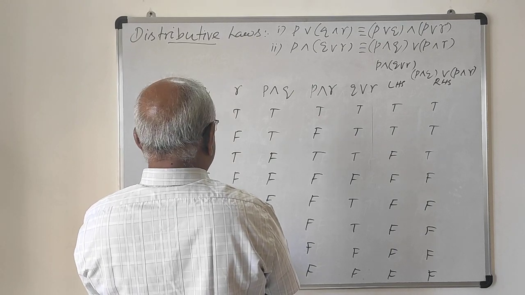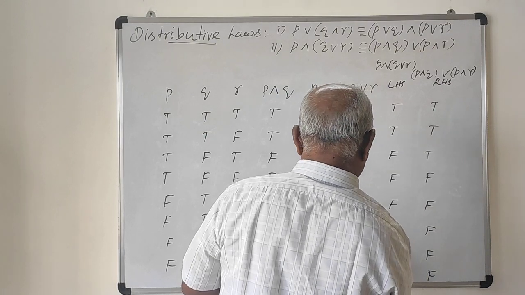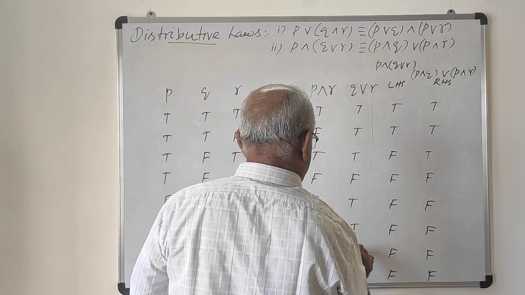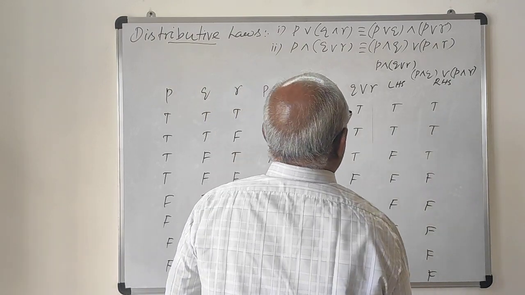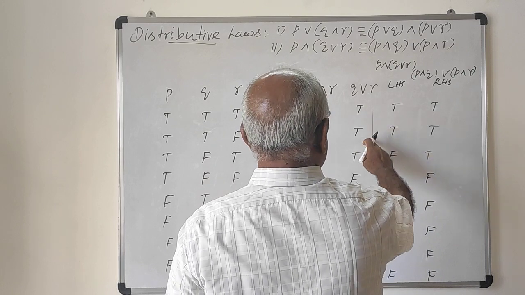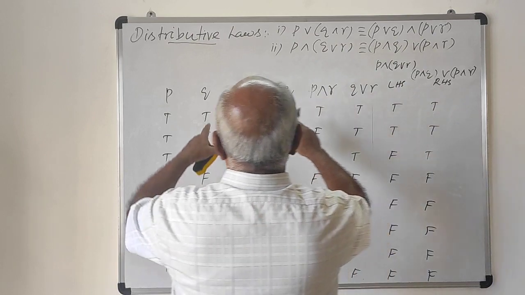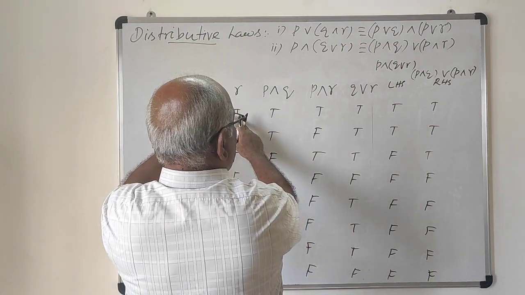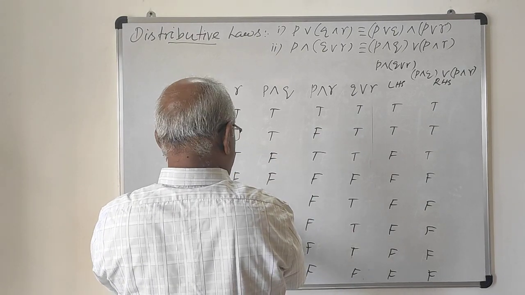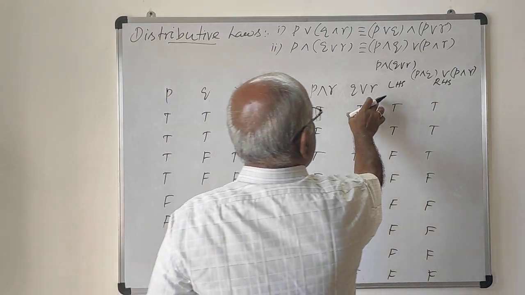Q and R disjunction with one T is T. Okay, now verify this. Q disjunction R: T, T, T, F, T, T, here also T, F. Okay.